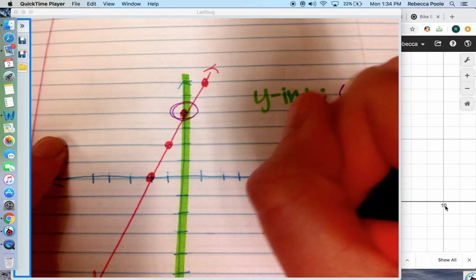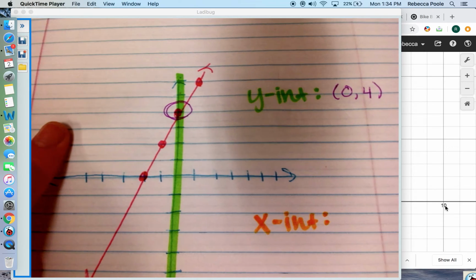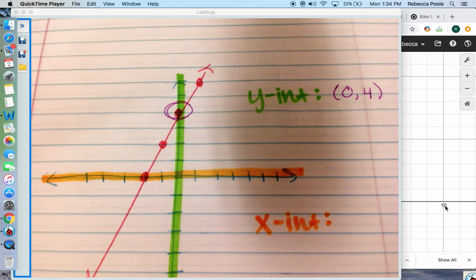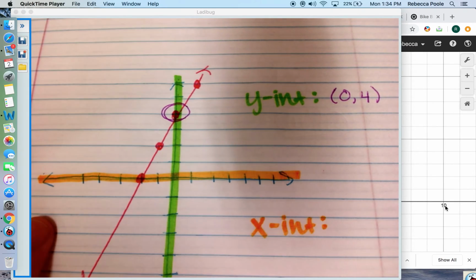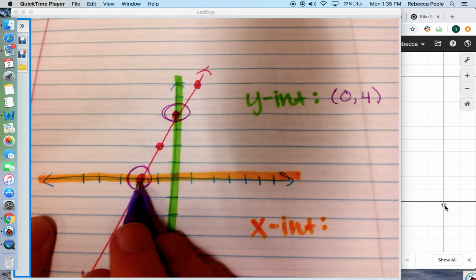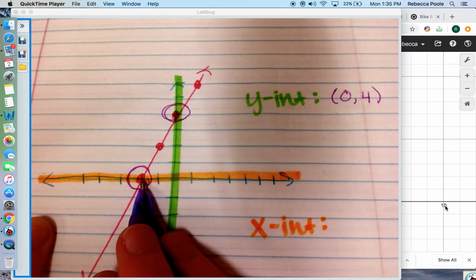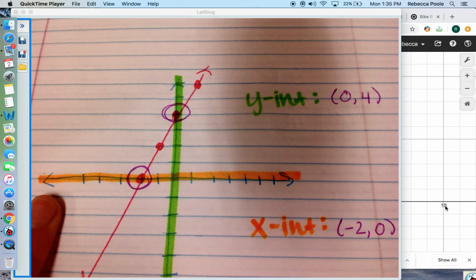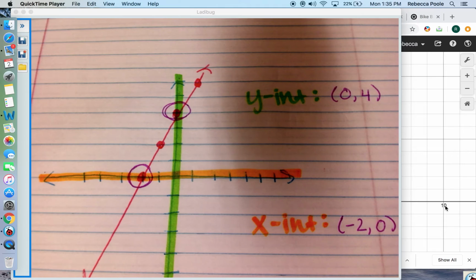The x-intercept is where this graph is going to cross the x-axis. So if we look right here, our x-intercept is where my red line touches the orange, and this is at left 2, so negative 2, 0. So there's your x and y intercepts if you do it by hand by graphing.